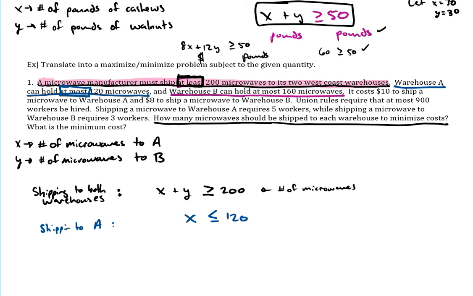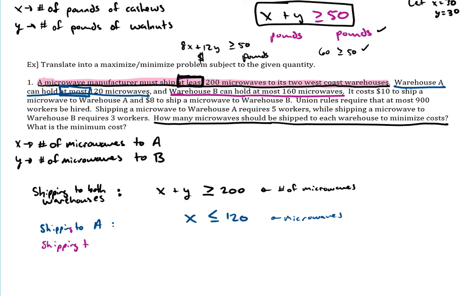No Y is involved in this inequality, just X. So X, the number of microwaves, is less than or equal to 120 for warehouse A. I'm just going to put the word microwaves, so it is still the number of microwaves. And I didn't spell shipping right, so there we go, let's make it proper.